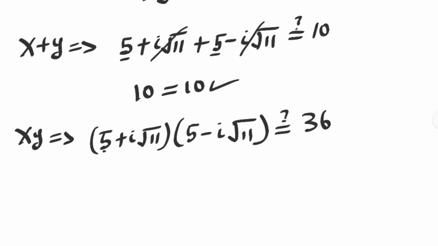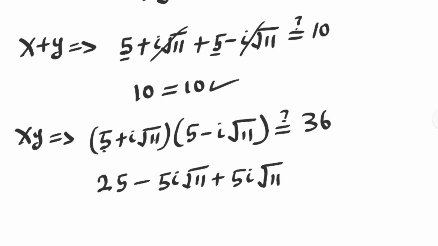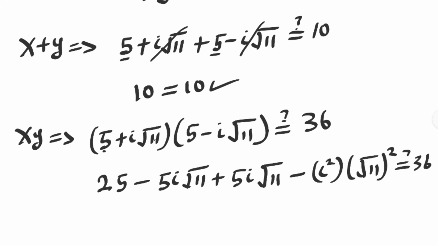5 times 5, this is 25, minus 5 times i root 11, we have 5i root 11, plus i root 11 multiplied by 5, 5i square root of 11, then i square root of 11 multiplied by minus i square root of 11, that is minus i squared multiplied by square root of 11 all squared, must be equal to 36.